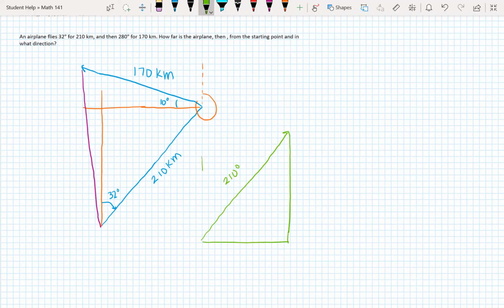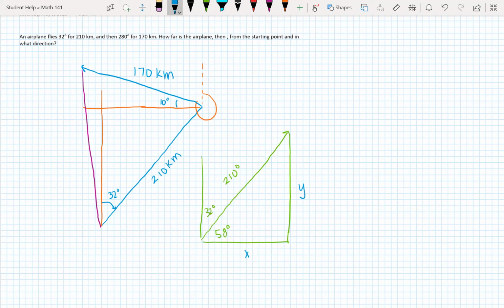Because this angle over here is 32 degrees, I know that this is going to be 58 degrees. And so what I'm trying to find are the two components here, in the x direction and in the y direction.